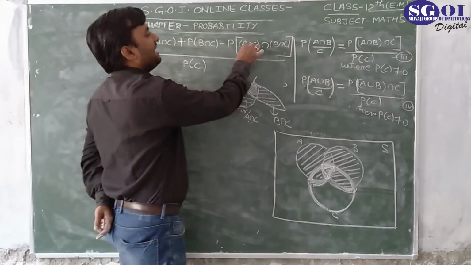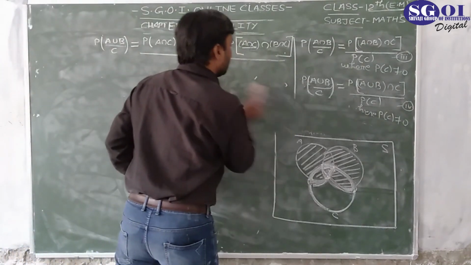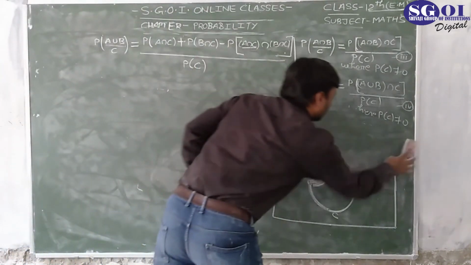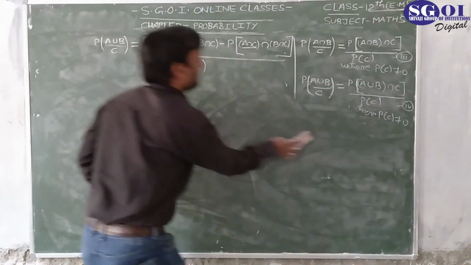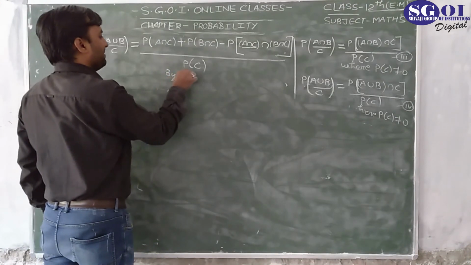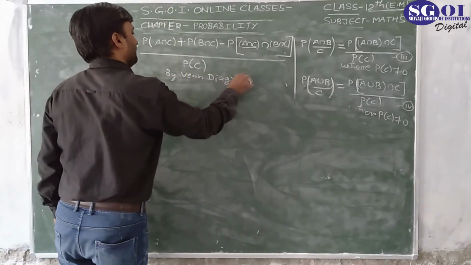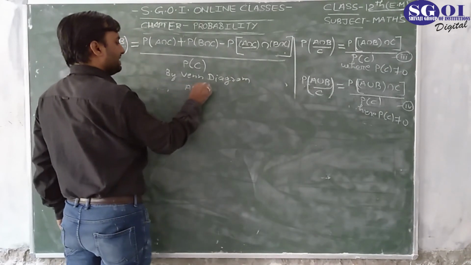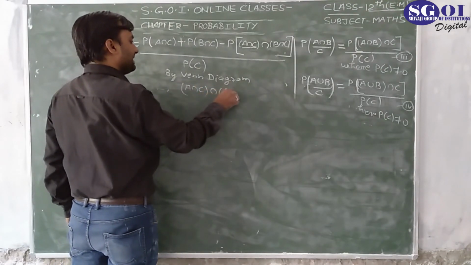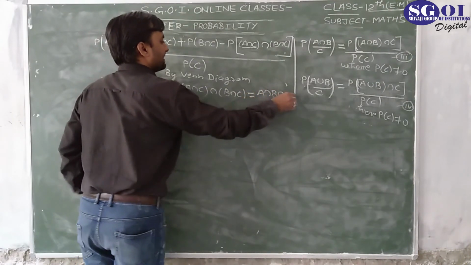So we can write A intersection C intersection B intersection C as A intersection B intersection C by Venn diagram.